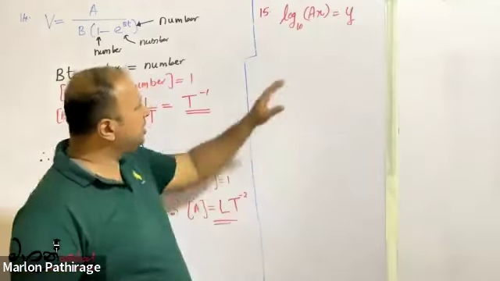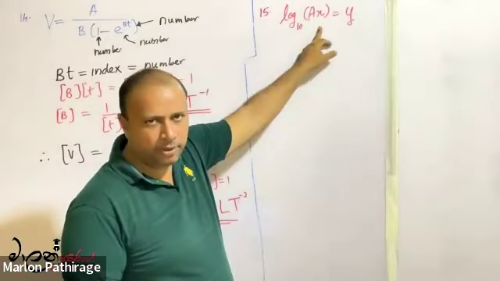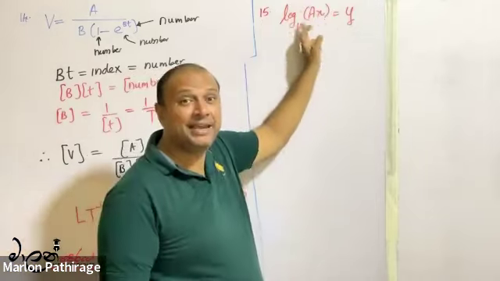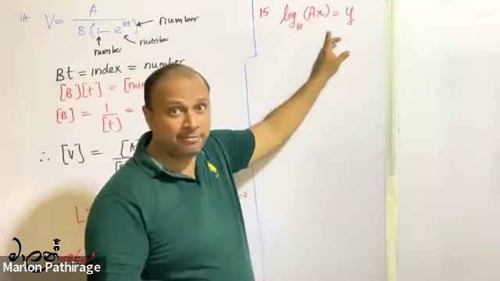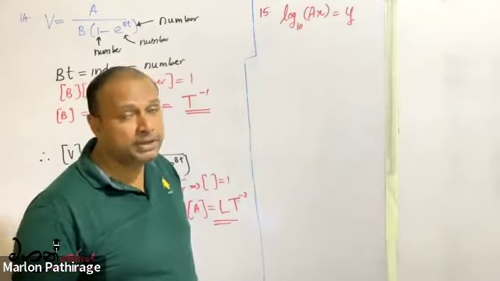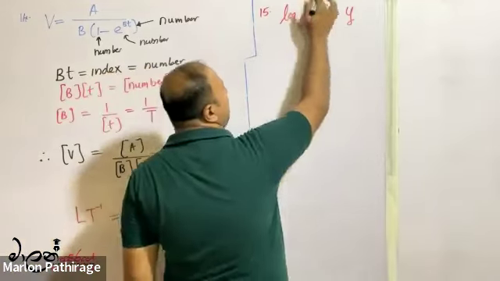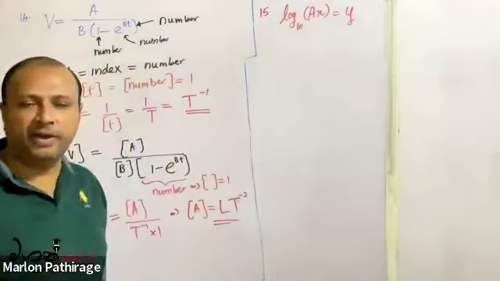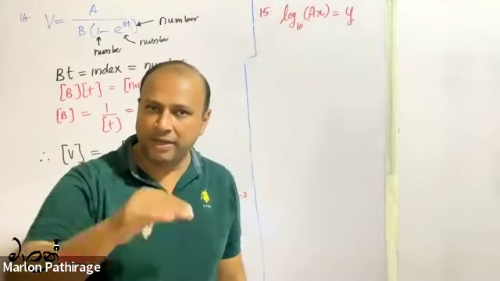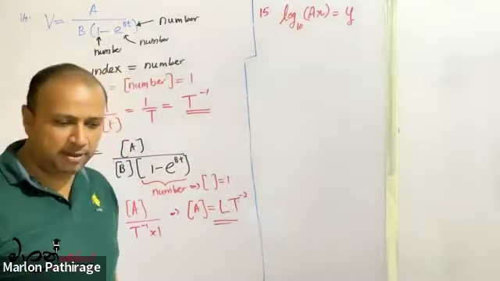This is a logarithm function, so inside this function there should be a number. Therefore, the entire expression inside a logarithm function is a number. Therefore, Ax should be a number.